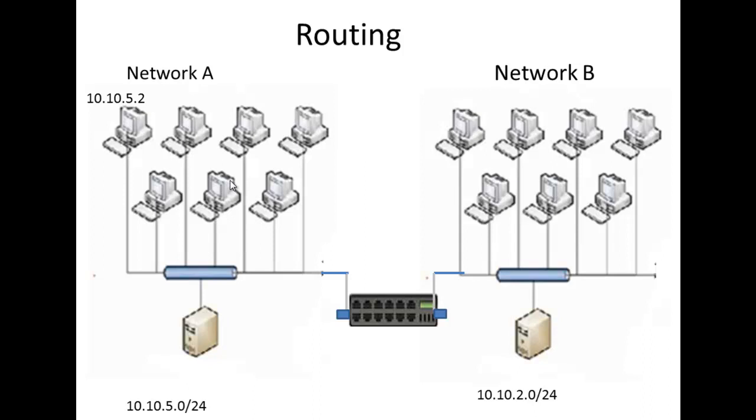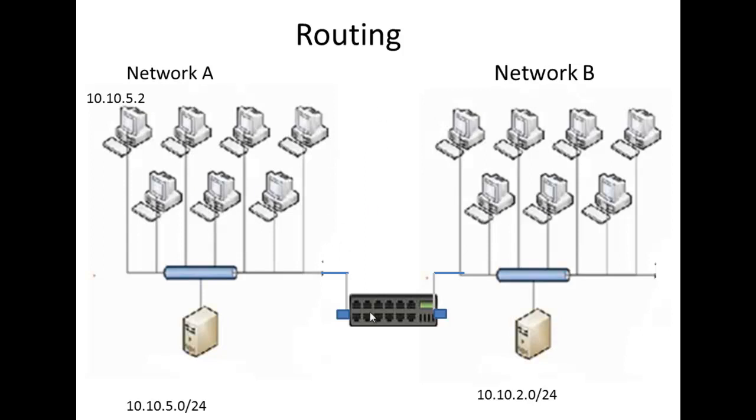But let us say that 10.10.52 wanted to access data on network B on a computer, for example, whose IP address was 10.10.26, a completely different network from network A. They're not going to be able to communicate because they're on two separate networks.